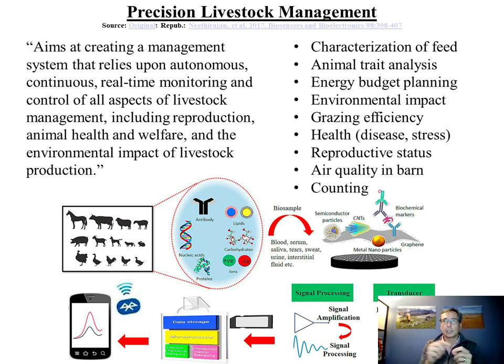You could use it to characterize your feed, the traits of the animals. You could use it to help with your energy budget planning, so the heating systems within a barn. You can measure environmental impact as well as air quality in the barn, so you could be perhaps measuring manure going out of the barn, gases that are being emitted like ammonia within the barn. Air quality issues are really important if you have confined spaces as well.